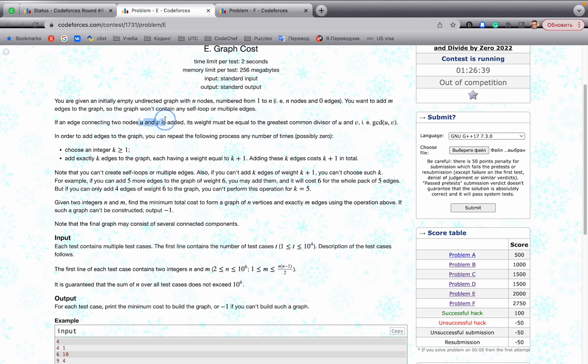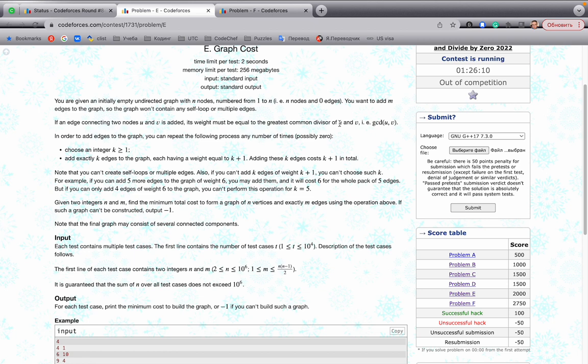For a given pair of vertices u and v, we can only add an edge of weight GCD(u, v). And the process in which we are adding the edges is we choose an integer k, and then we add exactly k edges, and each should have weight equal to k plus 1.